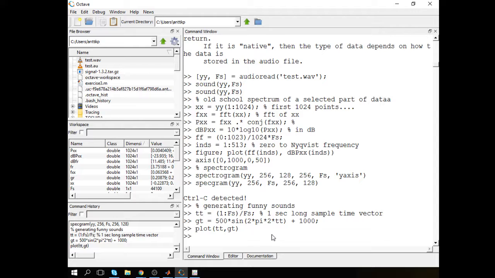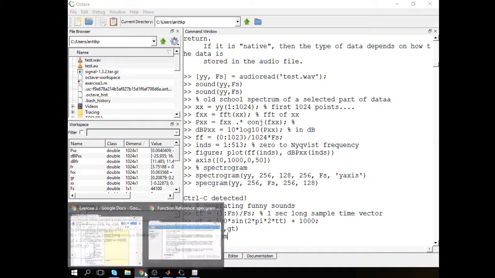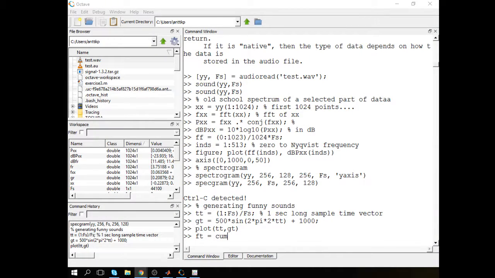And the trick is to do the numerical integration of that one, the cumulative numerical integration, which basically means sum. Okay. So f(t) equals. I need to also just for fun check the function reference manual for this one.